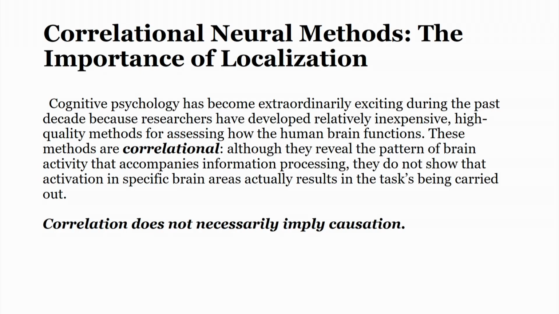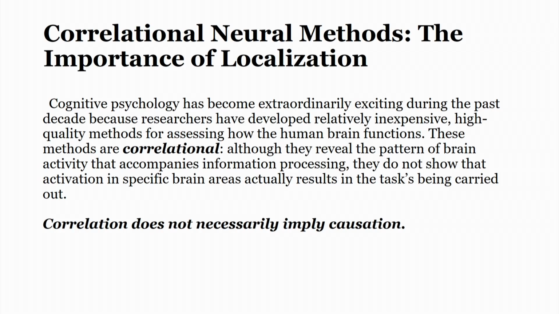Another problem with this method is that correlation does not lead to causation. Correlation simply means that two events are related to each other. They do not mean that process A leads to process B, and so we cannot with confidence say that excitation of a particular brain area leads to a particular mental event or cognitive process.